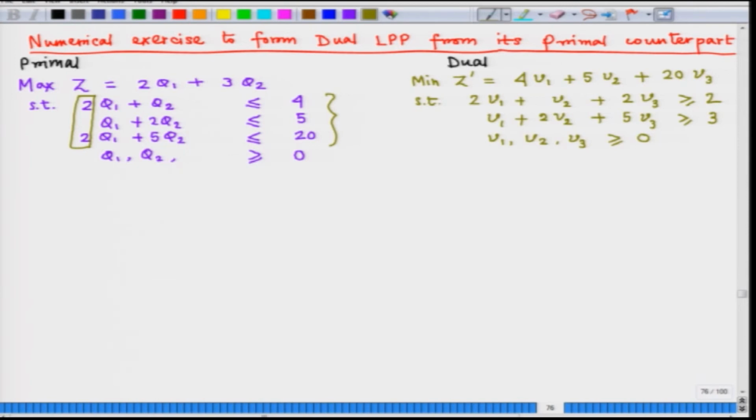Now, remember that in the previous solution we found that our input number 3 is somewhat special in the sense that it has a non-binding constraint.